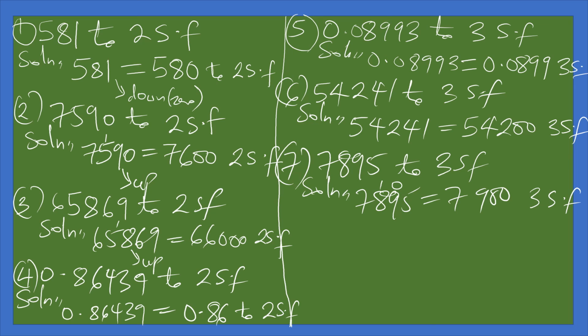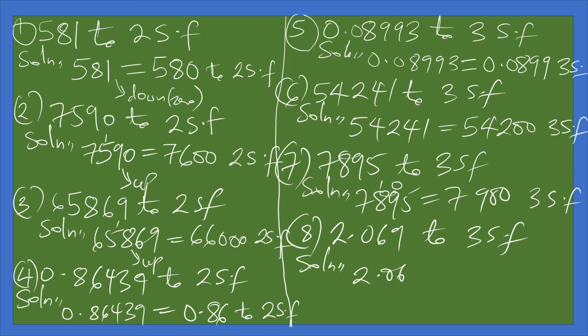So let's take the last example. We have 2.069 toward 3 significant figures. Solution, we have 2.069 now to 3 significant figures. Now the first is 2, the second is 0, the third is 6. But the number after the 6 is 9. Remember one of the rules.